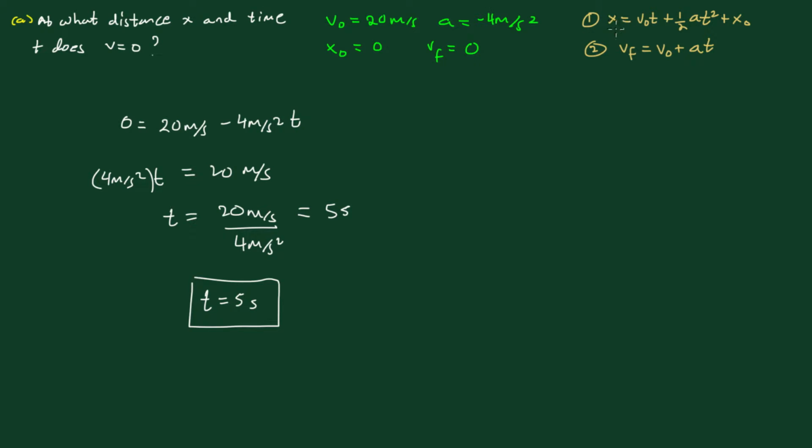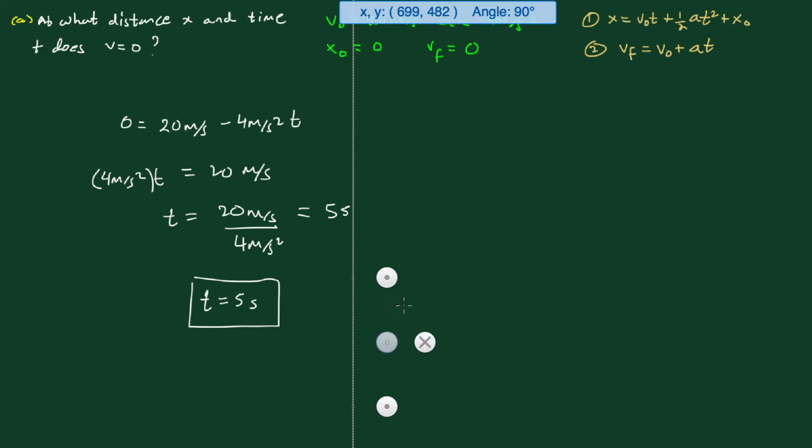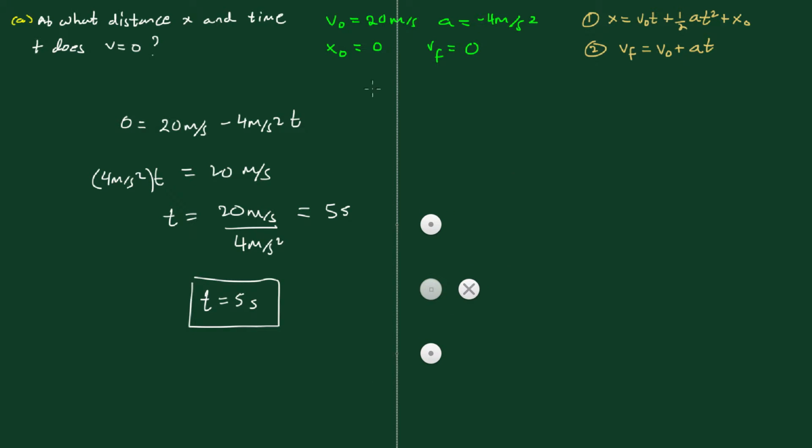So next we're going to have to solve for where that occurs. So first let's put a nice little divider here. Okay, so we have t, so we can solve for x. X is going to be equal to 20 meters per second multiplied by t, and t is 5 seconds.